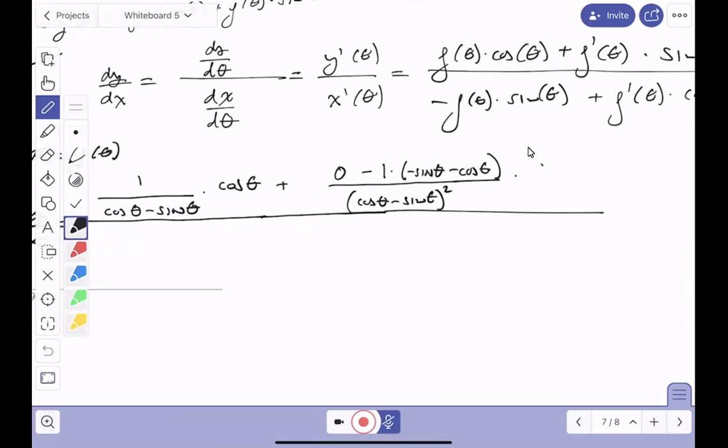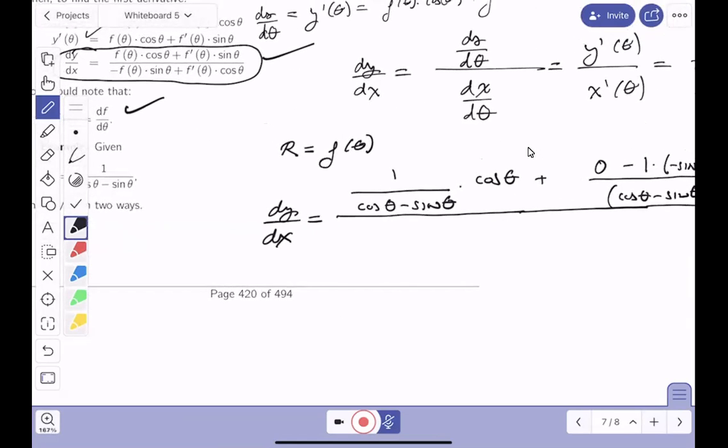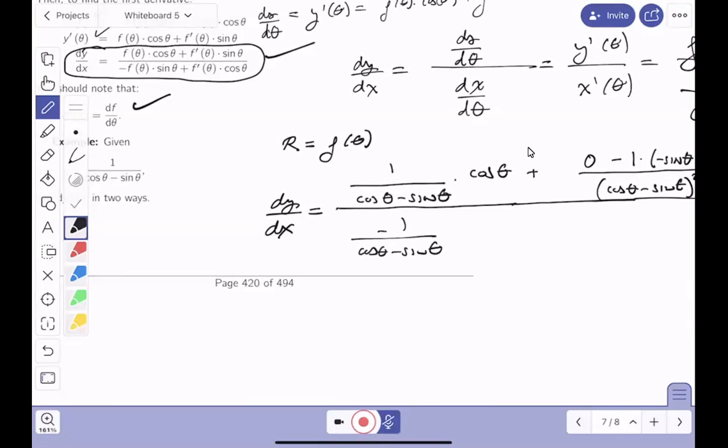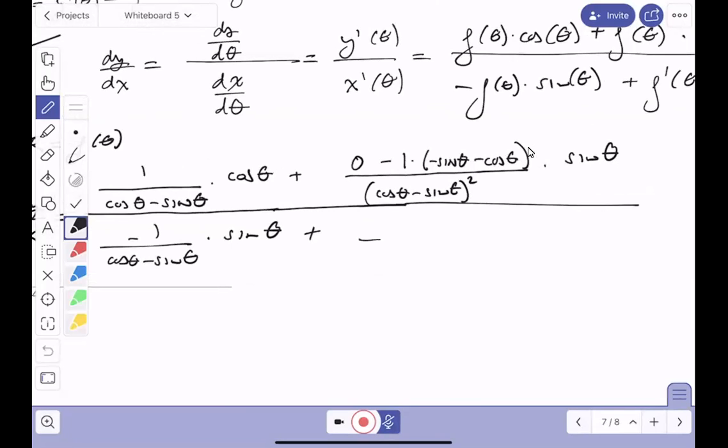Let's look at my formula. Minus f of theta, that's minus 1 over cosine theta minus sine theta, times sine theta. Plus f prime of theta. Well, I just did that, so I'll write it down again.